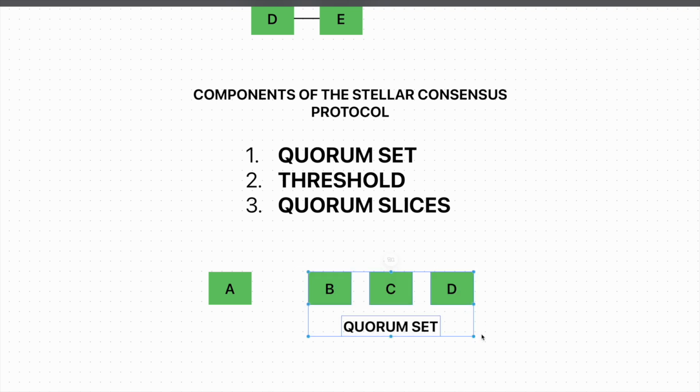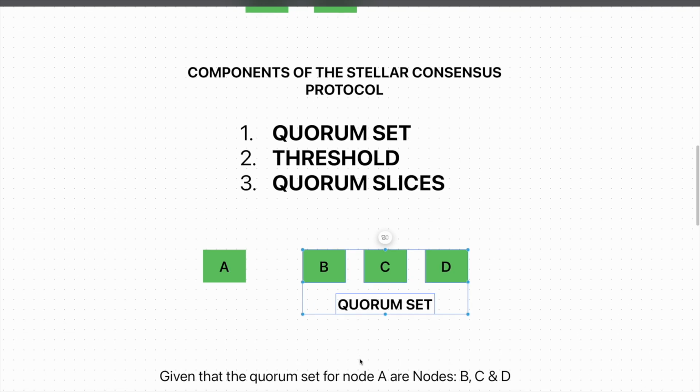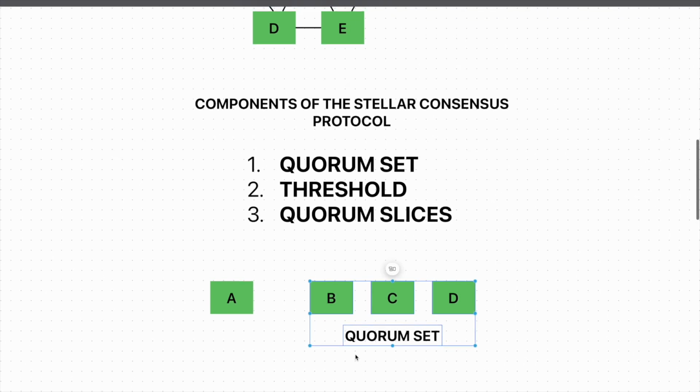Right? And now, how does this work? Assume that node A already has these three nodes as its own quorum set. There needs to be a threshold as to how many of the chosen nodes will be required for it to be valid.